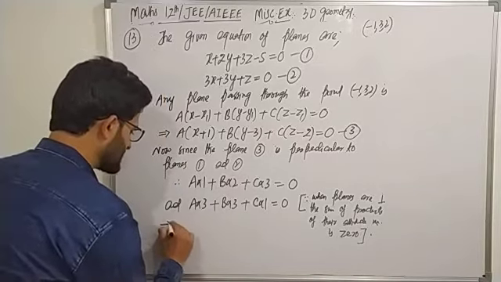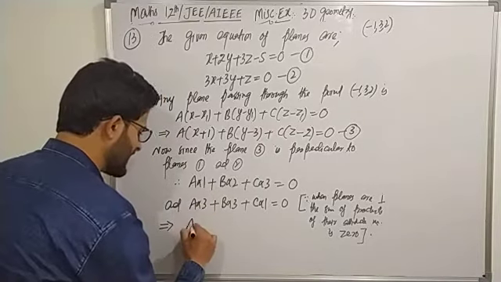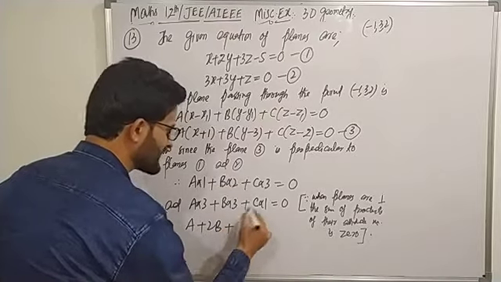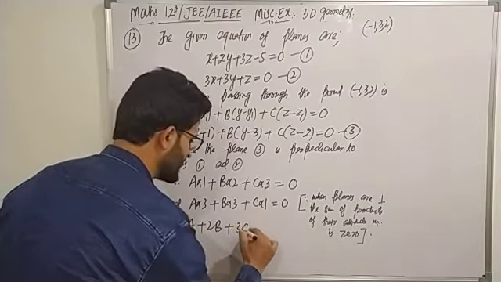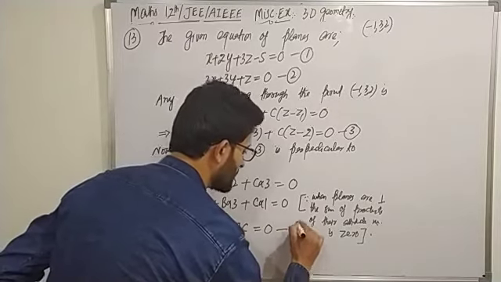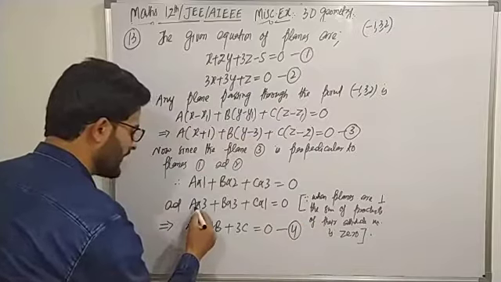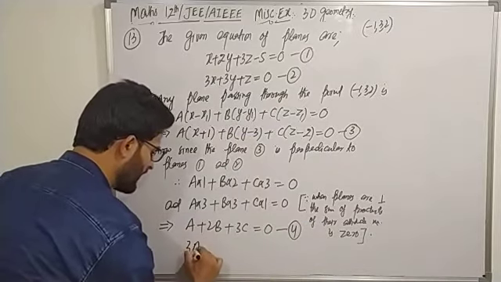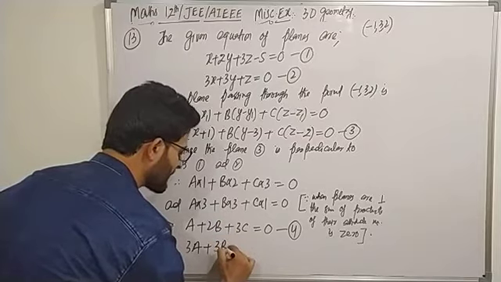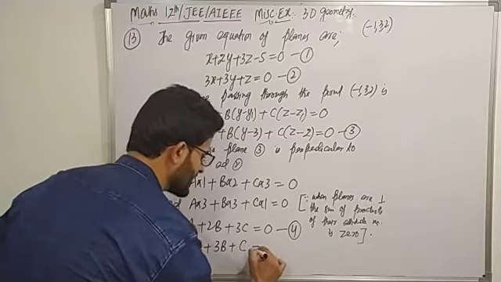So from here we get a into 1, that's a, plus b into 2, that is 2b, plus 3 into c, that is 3c, is equal to 0. We are keeping that equation as equation number 4th. A into 3, that is 3a, plus b into 3, that is 3b, plus c into 1, that is c, is equal to 0.